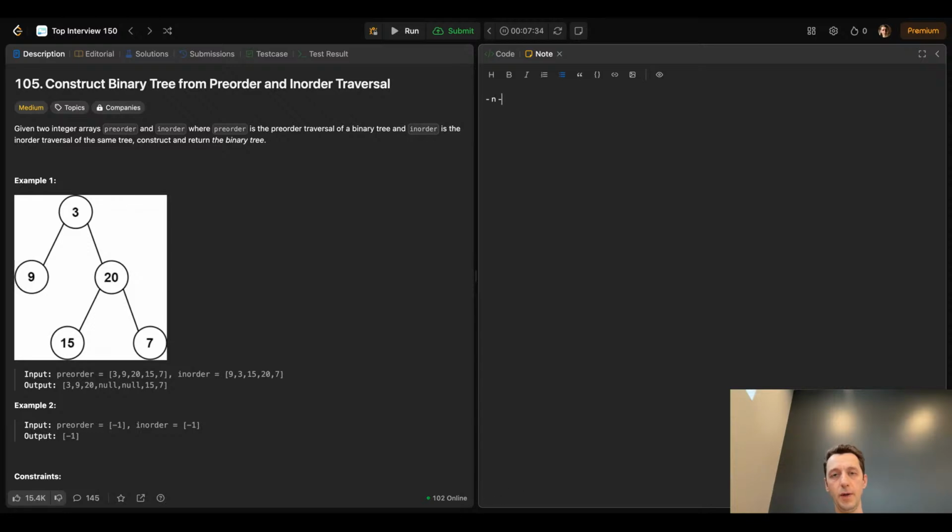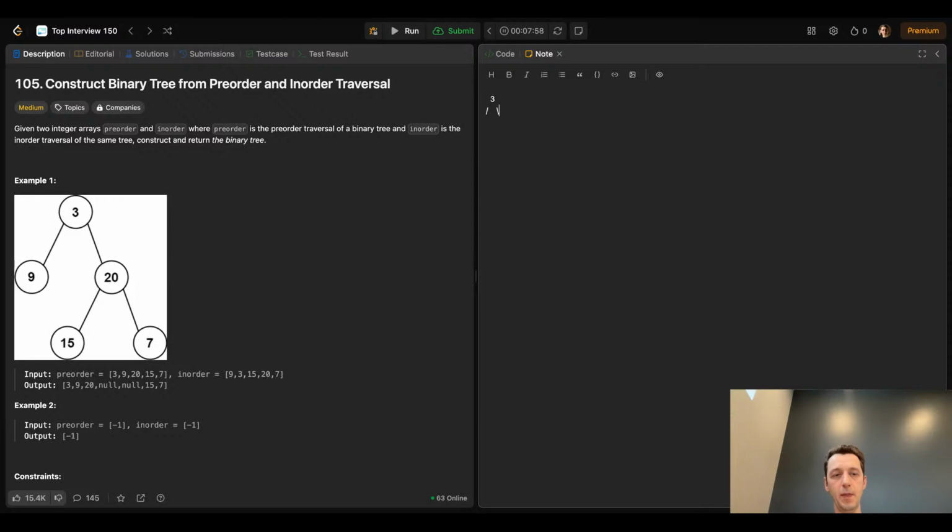Then node, and then node. Yeah, like graphical representations.